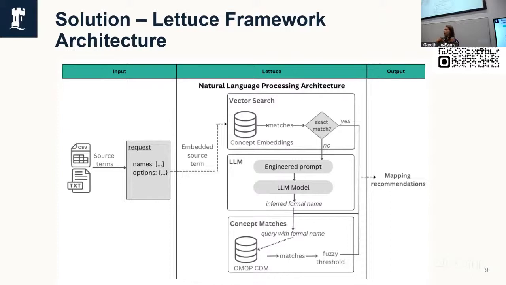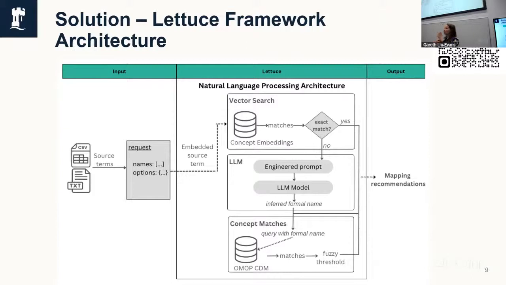So we try to get the concepts that are semantically similar, and we codify them in a way that they will be close to each other. And then the first thing that we will do is a vector search. So we will do a semantic search within the data set. If we are able to find the adequate concept within the semantic search, we go to the OMOP data set and we get the code straight away.